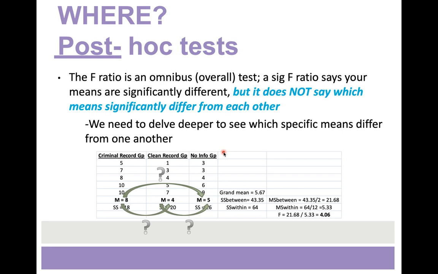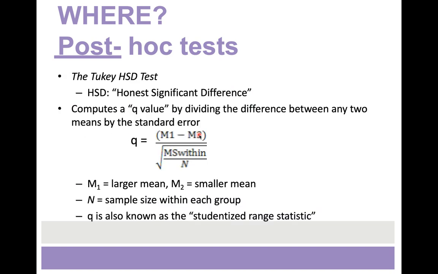So what we have to do is delve deeper and see which specific differences exist. To do that, we use what are called post hoc tests, specifically a Tukey HSD, honest significant difference. What we're going to do here is every iterative comparison possible from the ANOVA. So if we have 3 groups, that's 1 versus 2, 1 versus 3, and 2 versus 3.